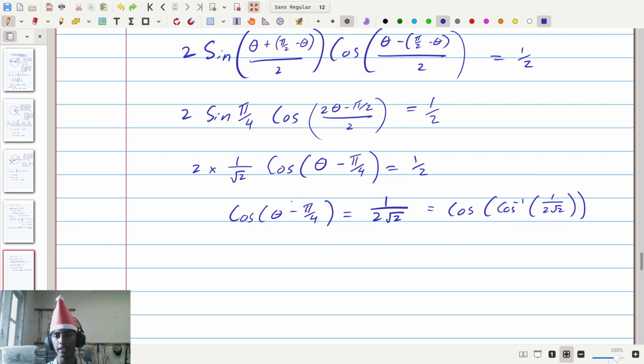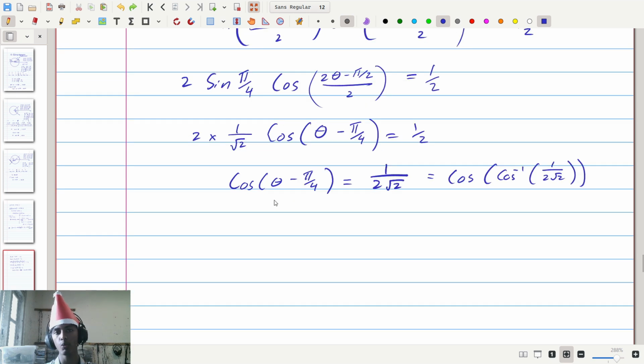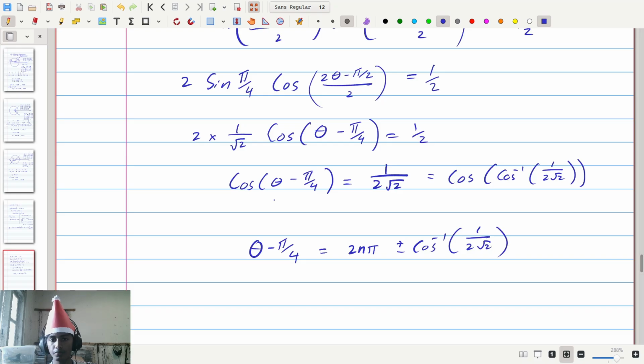So therefore we have cosine A equal cosine B format, which we can then simplify and turn into theta minus pi by 4 is equal to, recall the identity that we discovered, 2n pi plus or minus the angle of the second one, which is the cosine inverse of 1 divided by 2 root 2, where n is an integer.